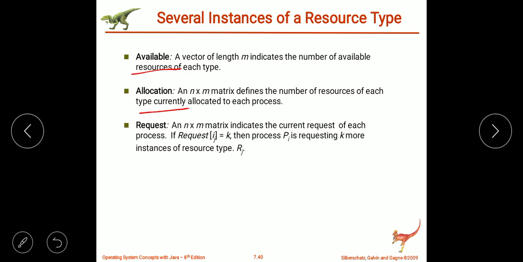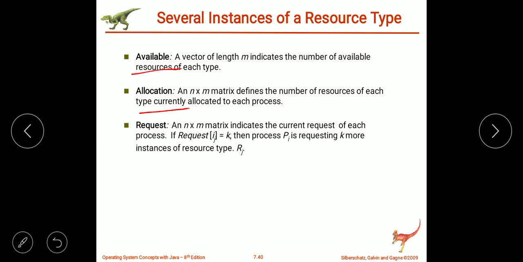Need is different. Need means it requires these many resources in order to complete its task. But request is that it is requesting those resources. We don't know whether it is needed or not, but it is requesting. Understood the difference?